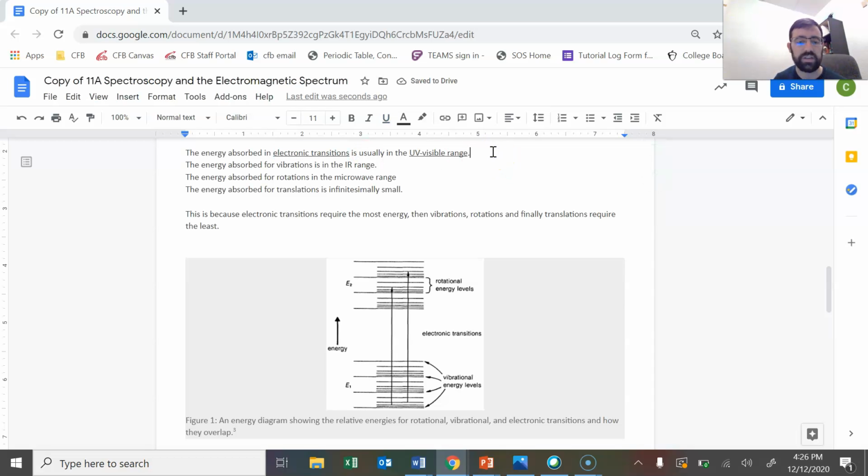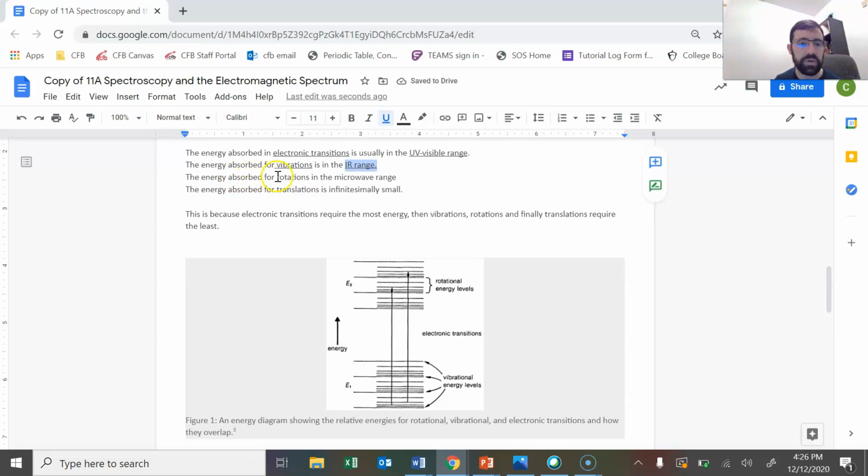That's usually either ultraviolet or visible range. We often abbreviate that UV vis. The energy absorbed for vibrations, so if we're analyzing vibrations in molecules, that's usually in the infrared range. So the type of radiation we would use is infrared radiation.